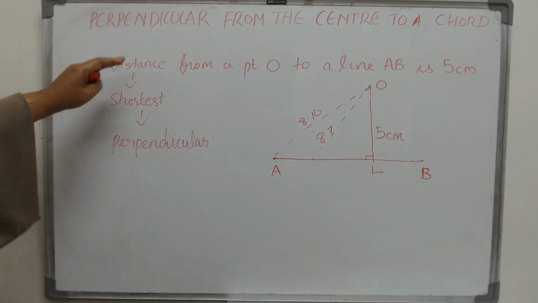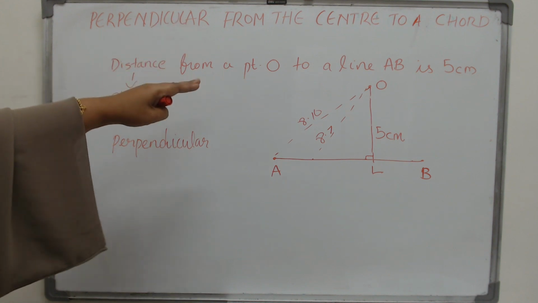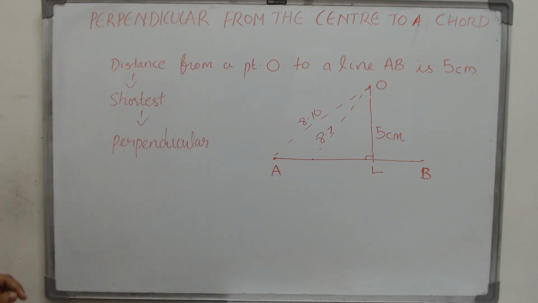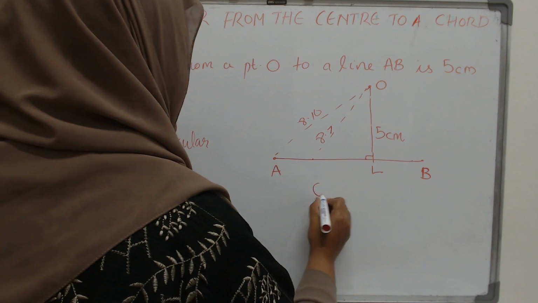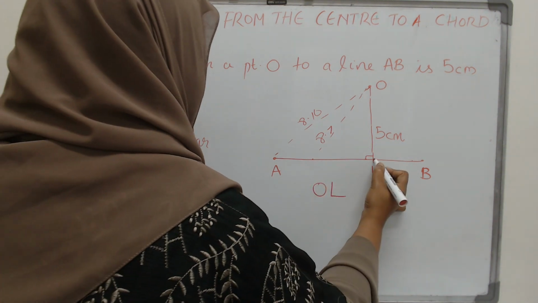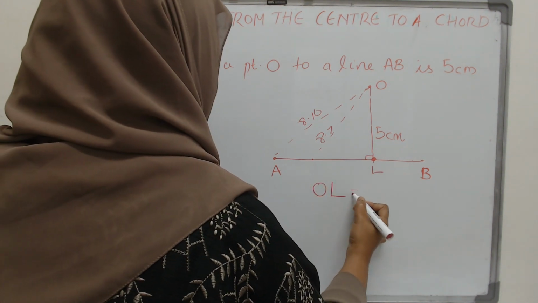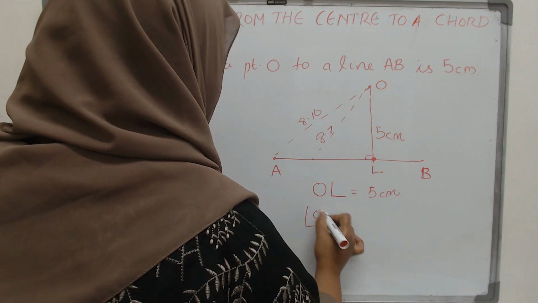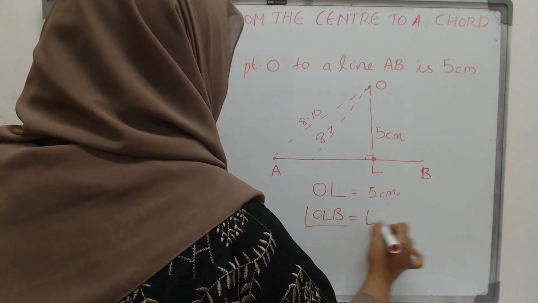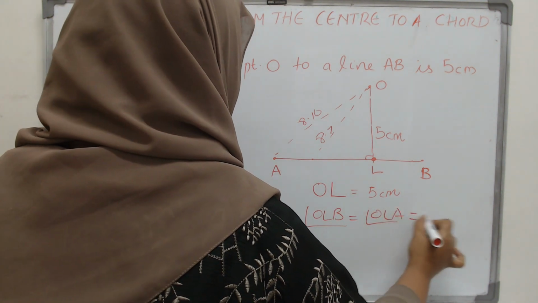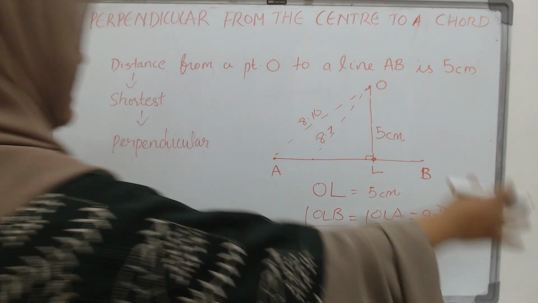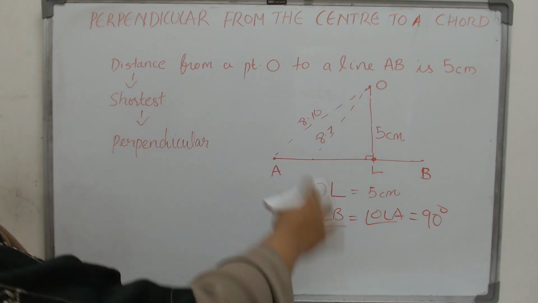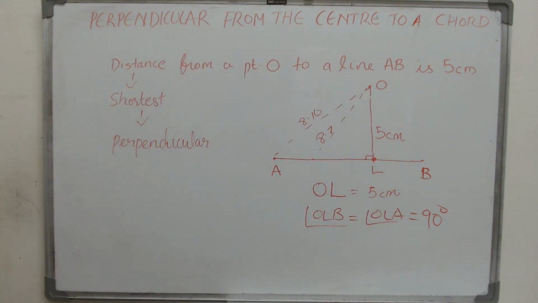When I say that the distance from a point O to a line AB is 5 centimeters, it means that I can find a point L here such that OL is 5 centimeters and angle OLB is equal to angle OLA is equal to 90 degrees. I mean all of these things when I say the distance is 5 centimeters.